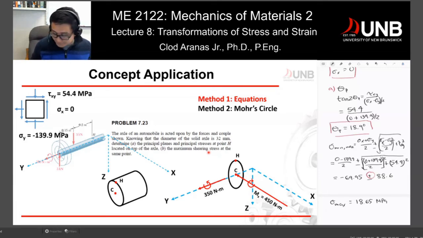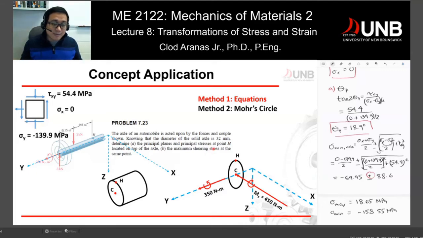Don't forget the unit because it's a stress. And your minimum is equal to negative 158.55 MPa. So that would be the principal stresses, minimum and maximum at point H.